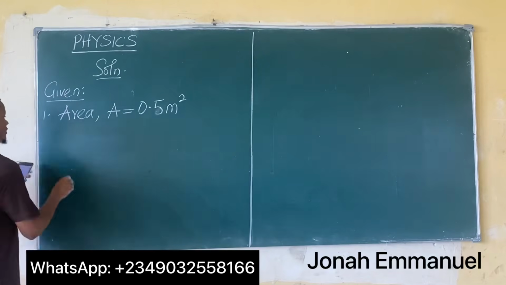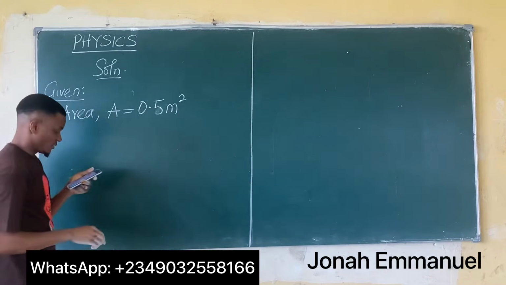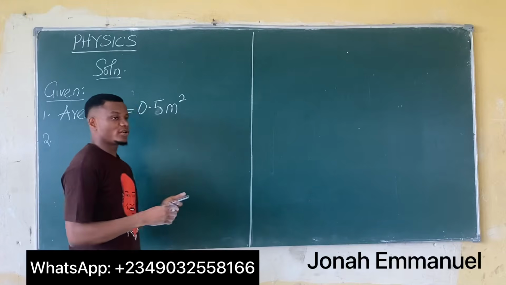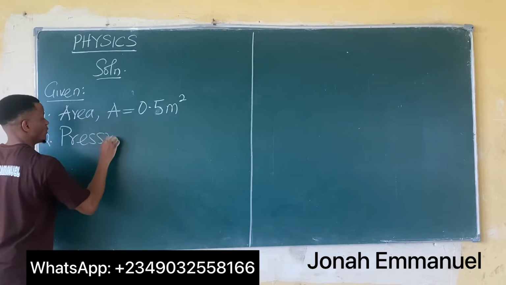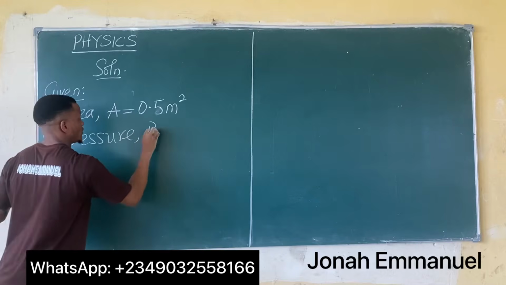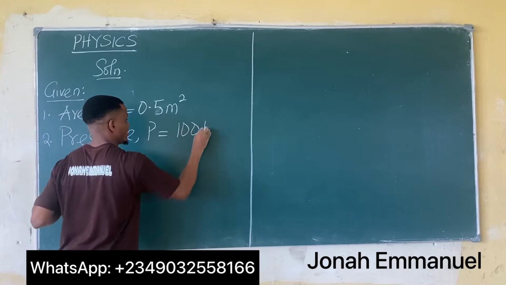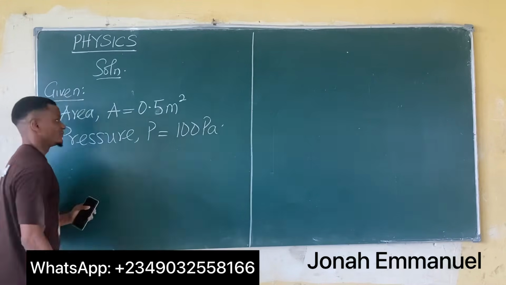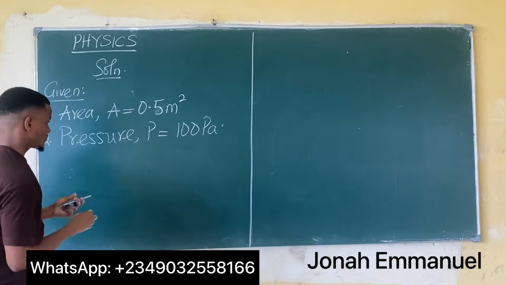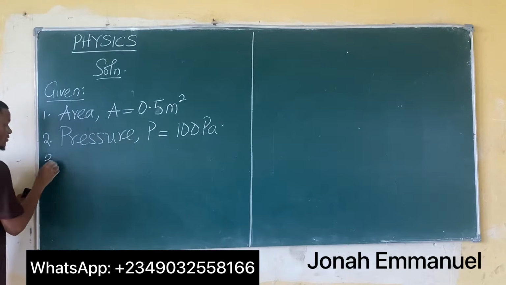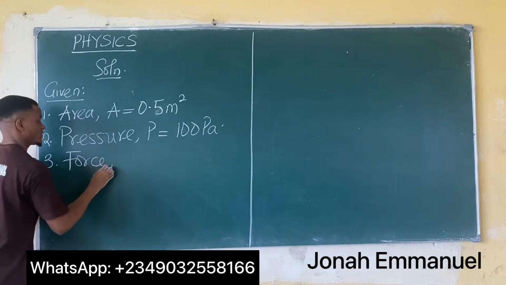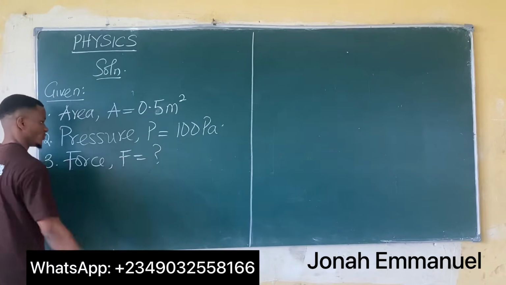They said the pressure is 100 Pascal. Pascal is pressure. So pressure P is equal to 100 Pascal. Alright, we are asked to find what there? Calculate the value of the force. Number 3, we are asked to find force F equal to unknown.